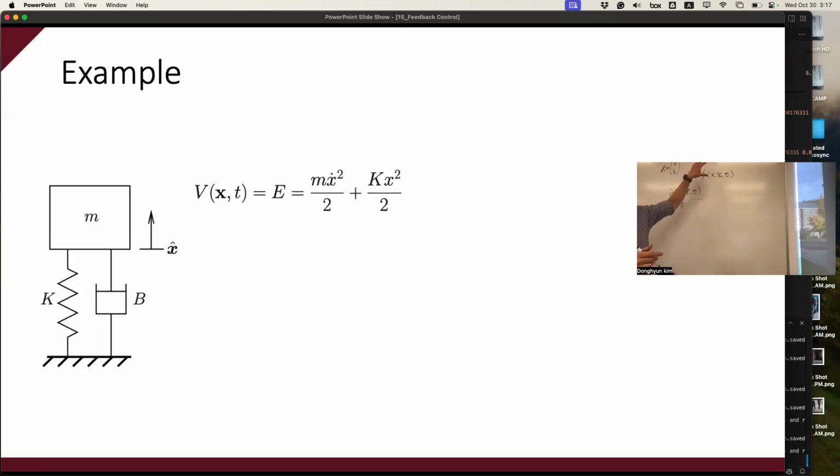When you plug this in, this x double dot is also highly likely a function of u, your control input. Then depending on how you formulate the control input, the Lyapunov derivative can be negative or positive. So what I want to say is that if you just use the KP and KD, this PD feedback control, negative feedback control, then the system is always stable.